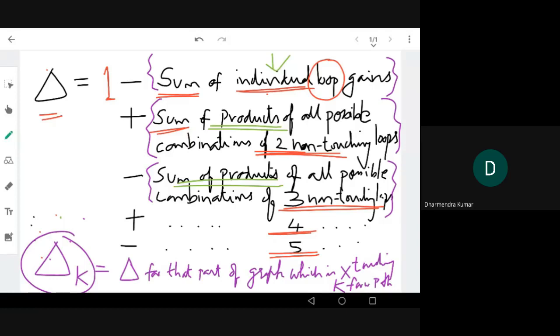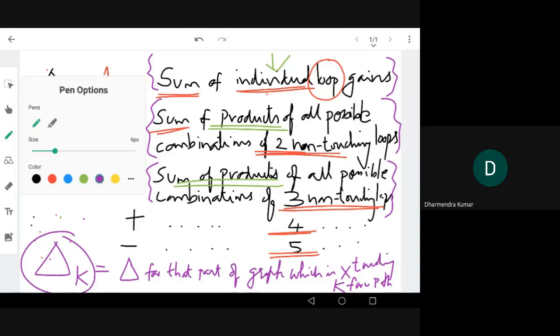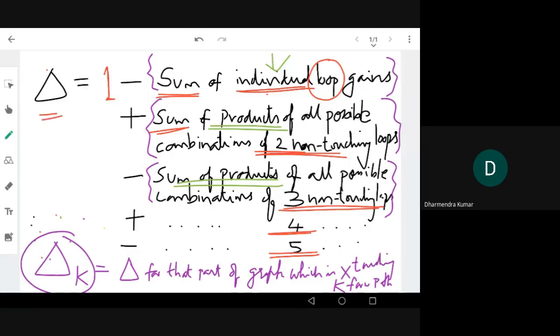Now delta is a kind of equation which takes into account loop gains. Okay, what type of loop gains? First, I'll take the individual loop gains, the sum of all the individual loop gains. Then I'll take the products of all possible combinations of two non-touching loops, right?